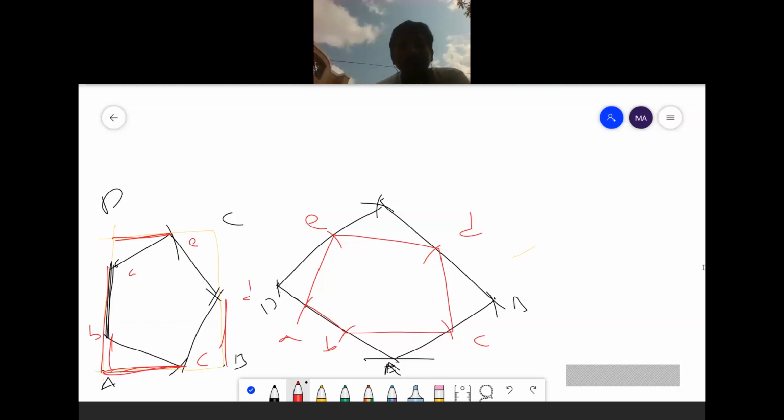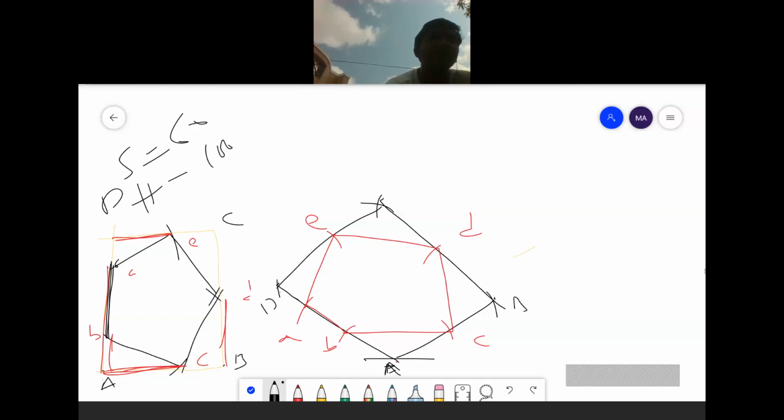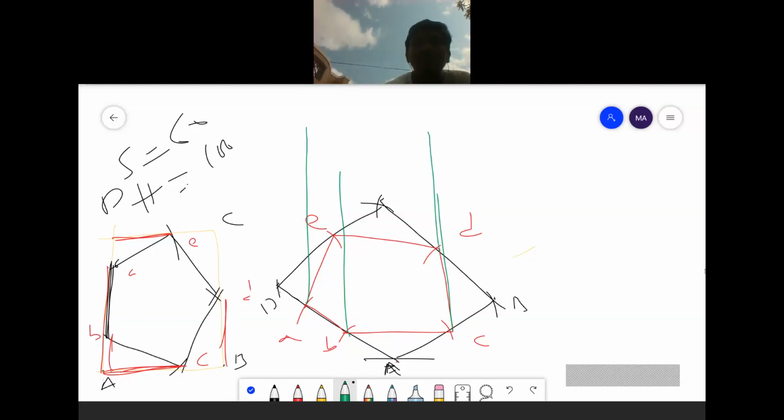After that, the given height is 100 mm. Here he has given a side as 60, height as 100 mm. So I am extending 100 mm from B, from A, from C, from D, and from E also, I am extending 100 mm.